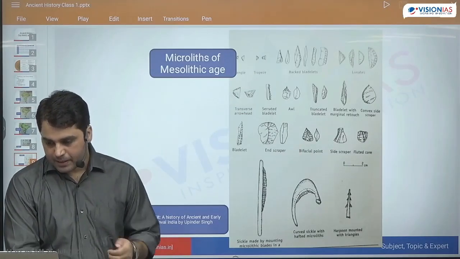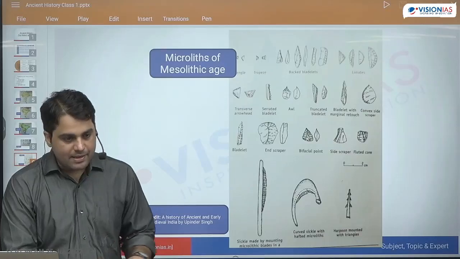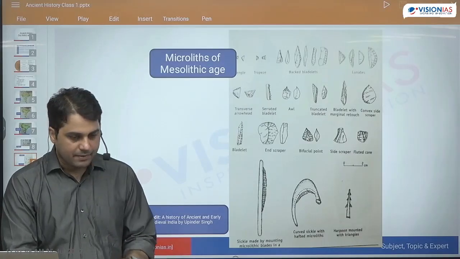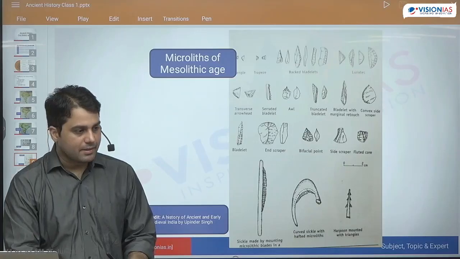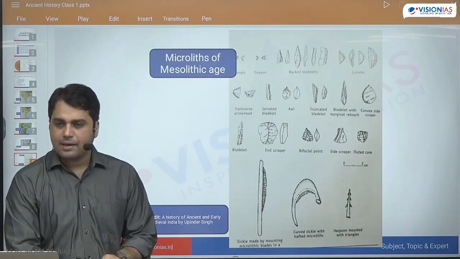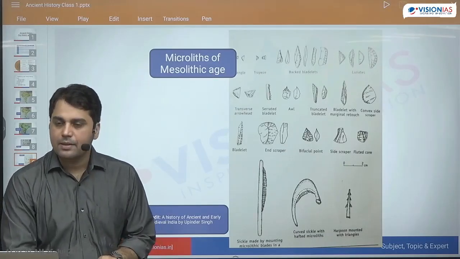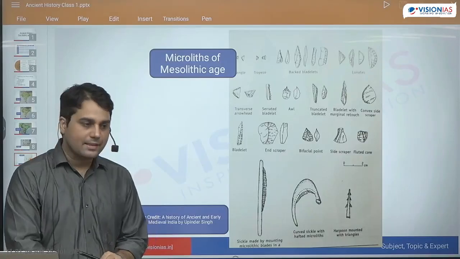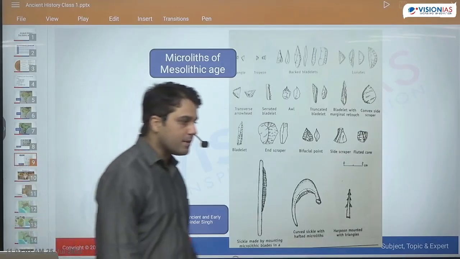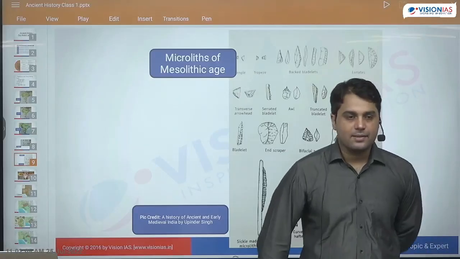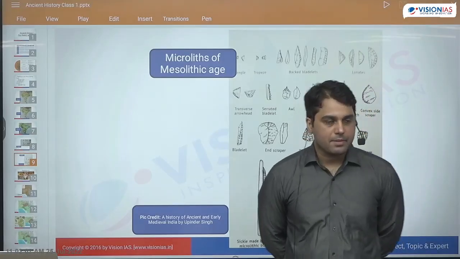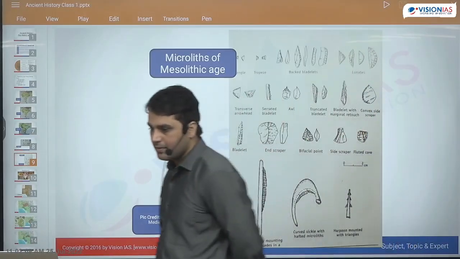Write down the next bullet point. Hunting and gathering remained the primary, let's not use the word economic, use subsistence. Hunting and gathering remained the primary mode of subsistence.